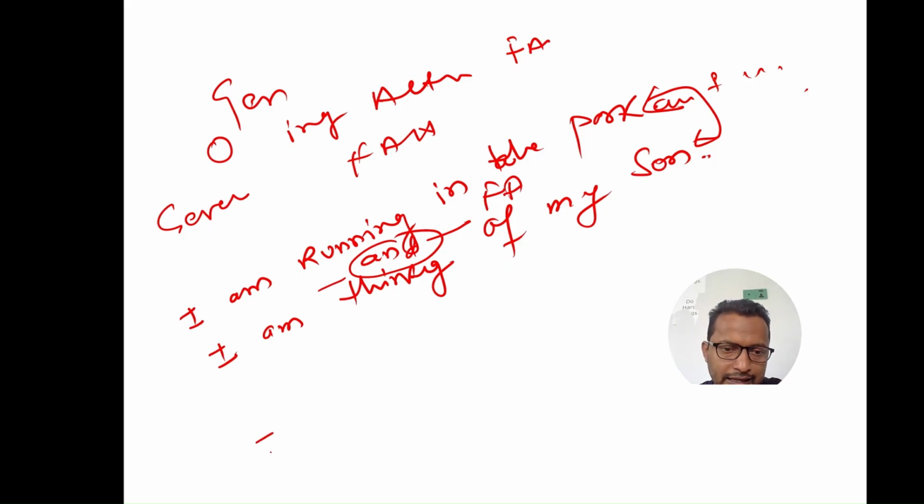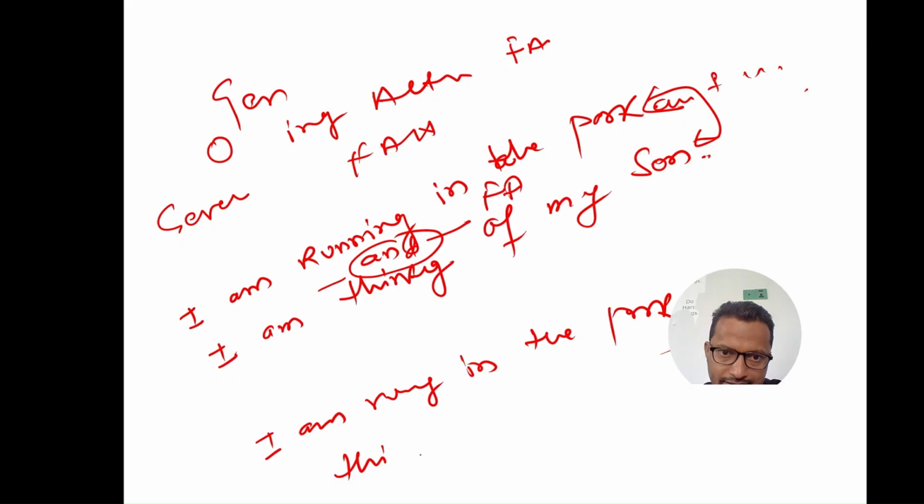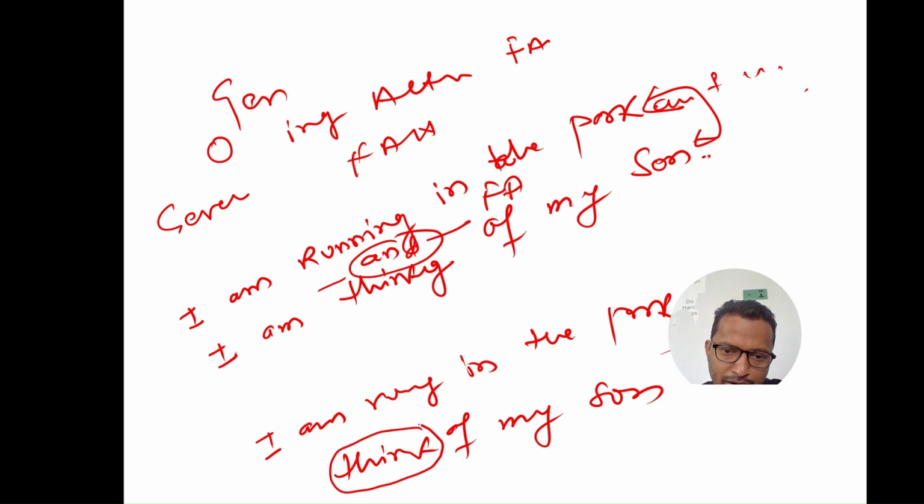Look here: I am running in the park, thinking of my son. See, this thinking is the ing form of verb. It connects two sentences to make one full sentence.